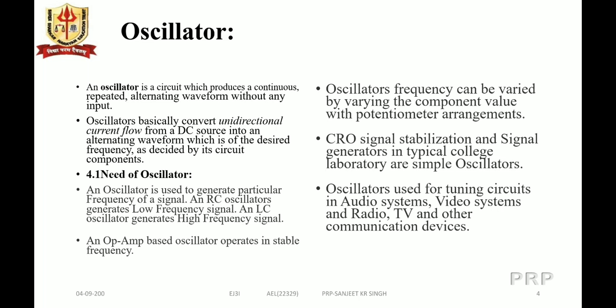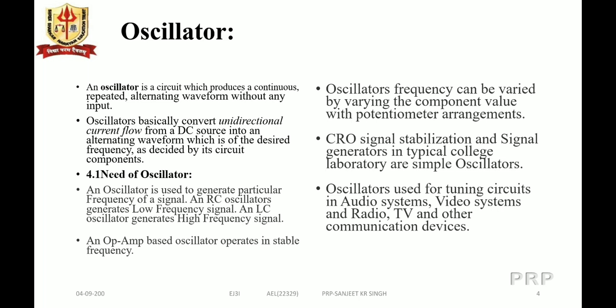What is the need of oscillator? An oscillator is used to generate a particular frequency of a signal, and an RC oscillator generates a low frequency signal. If we are making use of an LC oscillator, then it will generate a high frequency signal. An op-amp based oscillator will operate in the stable frequency range.